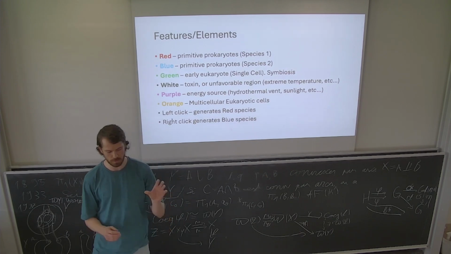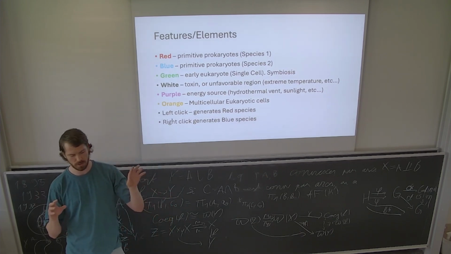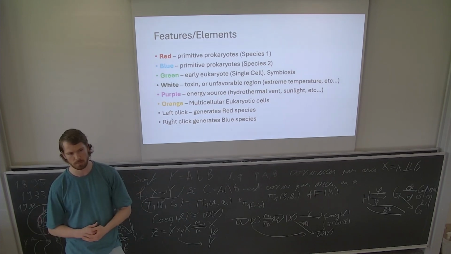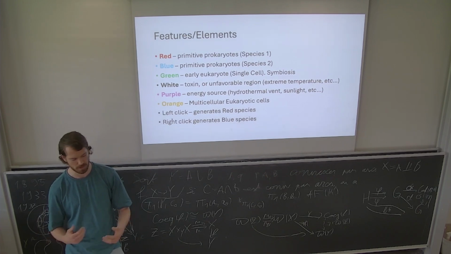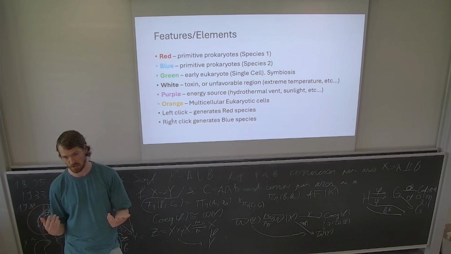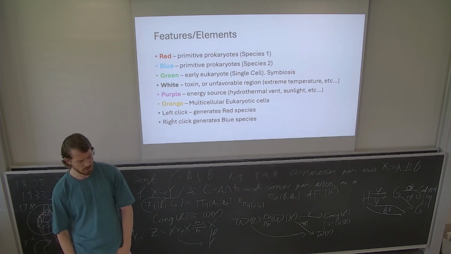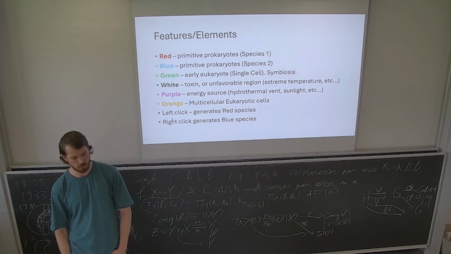Then there are white and purple squares. White you can think of as a toxin, or just some sort of harsh environment, maybe high temperature. And purple is an energy source, like a hydrothermal vent or sunlight or some sort of carbon source.